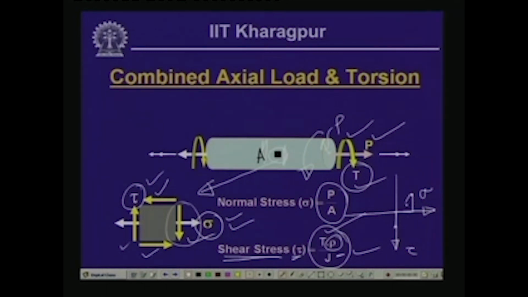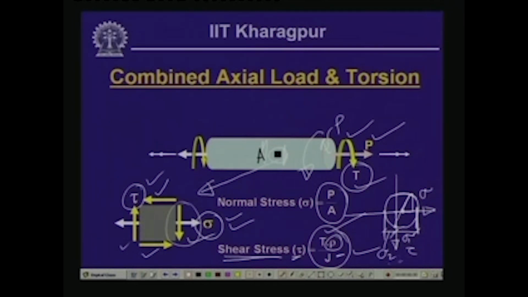Now, if you join these 2 points, the line will cross the sigma axis at the point that is the center of the circle. If we draw a circle with this radius, we get the resulting Mohr circle, and this is the maximum value of the normal stress, sigma 1, and this is the minimum value of the normal stress, which we call sigma 2.